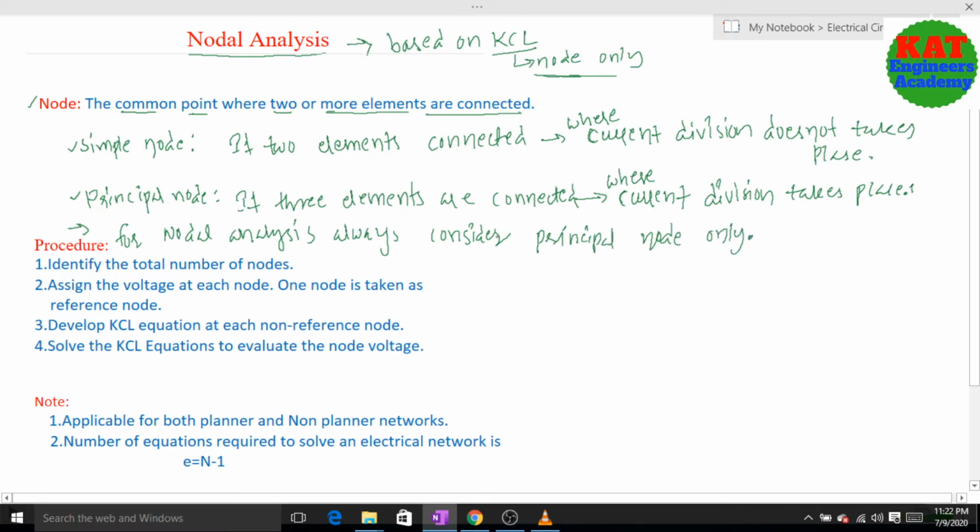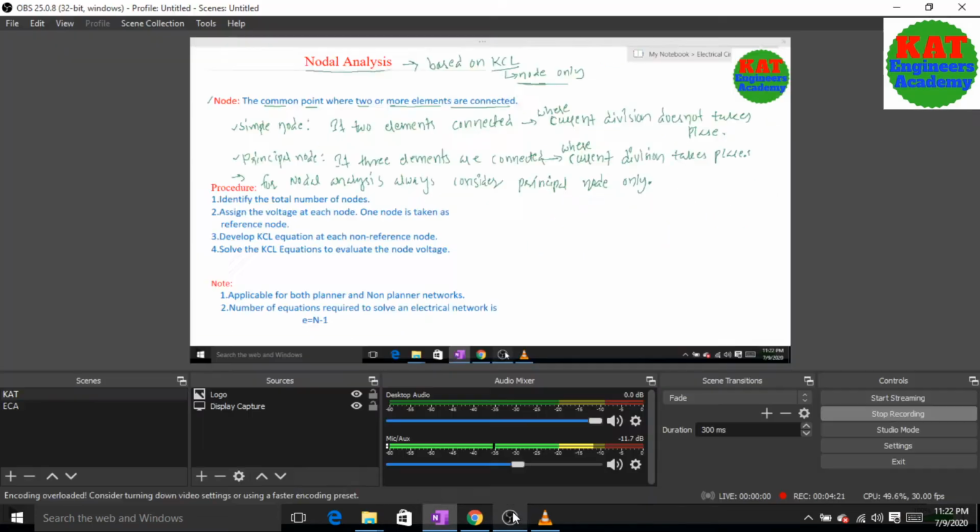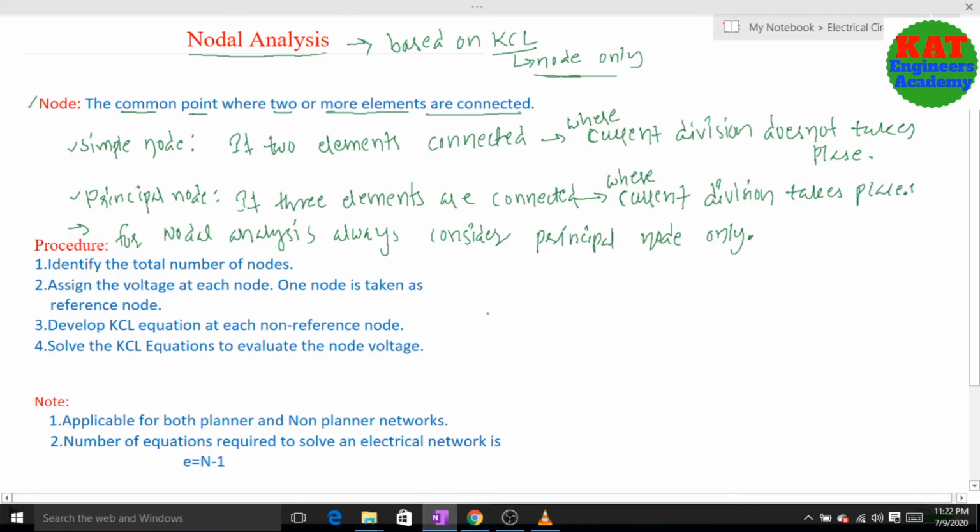Whenever you consider an electrical network, or are solving a problem, the node you consider should fundamentally be a principal node, not a simple node.